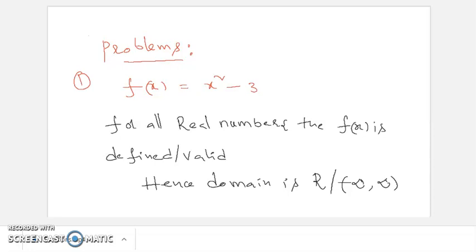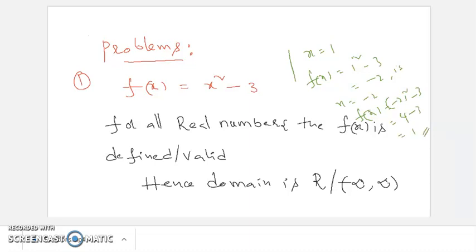Problems. If f of x is equal to x square minus 3. Look at this function. For all real numbers, the given function is defined, means valid. For x is equal to 1, the function value is f of x equal to 1 square minus 3, that is equal to minus 2, a valid number. And if x is equal to minus 2, f of x is equal to minus 2 whole square minus 3, so 4 minus 3, that is equal to 1, a valid number.